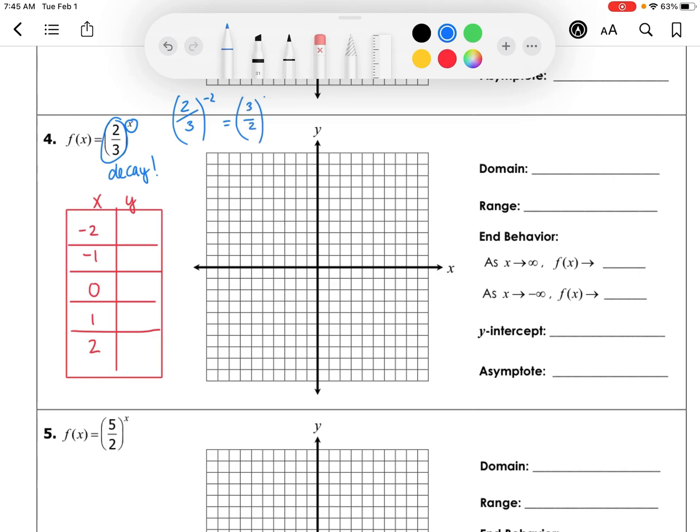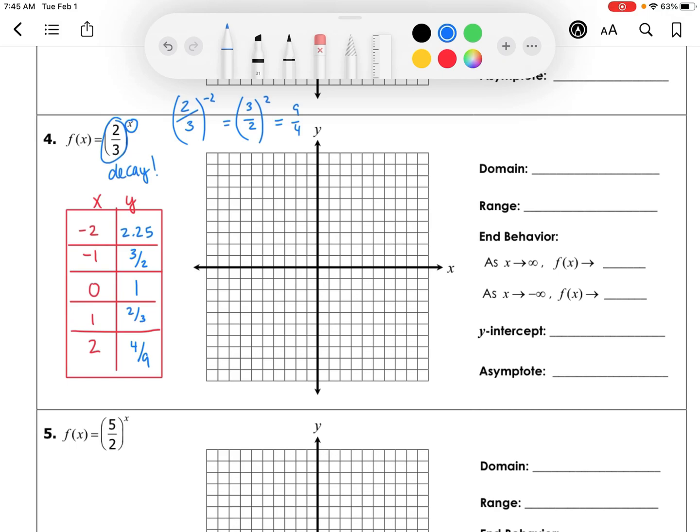And then we're going to square both the numerator and denominator to make 9/4. So that's 2.25. -1 power is just the flipped. Anything to the 0 power is 1. 1 power is 2/3, and then squared gives us 4/9.